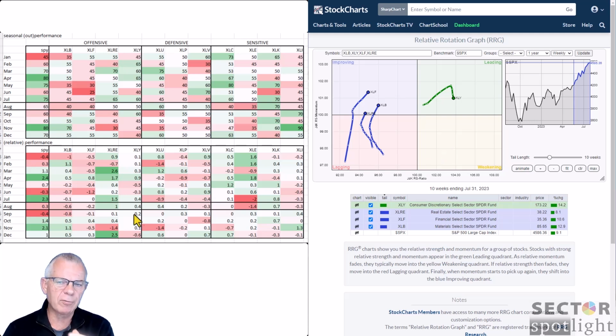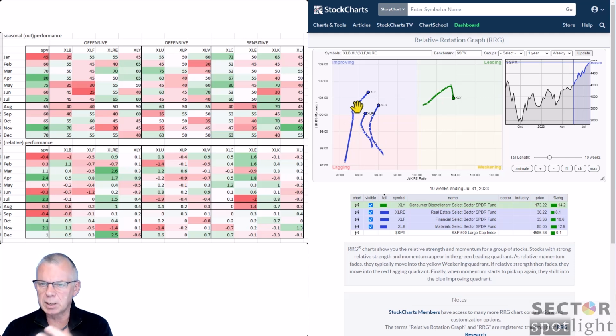So if we look at offensive, we already discussed that there was not a lot going on from a seasonal perspective. Maybe the 1% average return for the real estate sector is something that we may want to look at. If you look at the current rotation, then you can see that the group as a whole predominantly is moving from lagging into improving, which suggests an improvement.